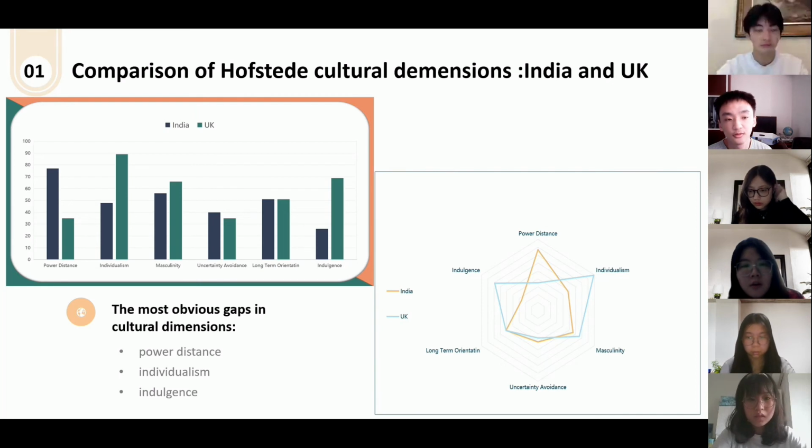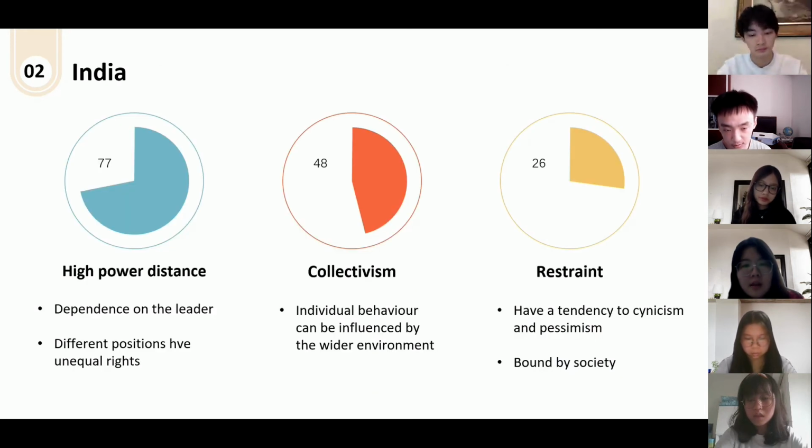Starting with India, the country has a score of 77 on power distance and is classified as a high power distance country. This type is known to depend on the direction of the leader and the existence of hierarchy in the organization, with unequal power between employees at different levels.